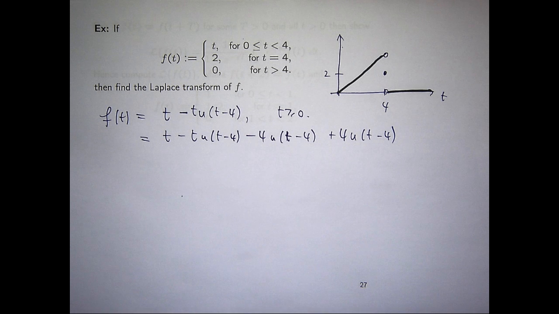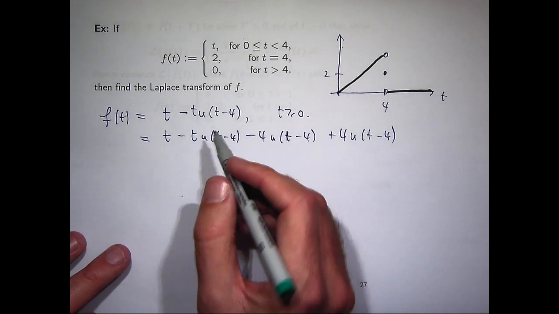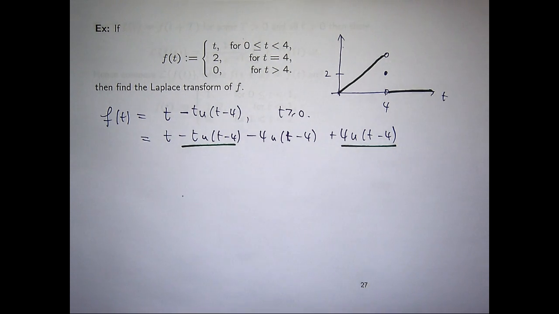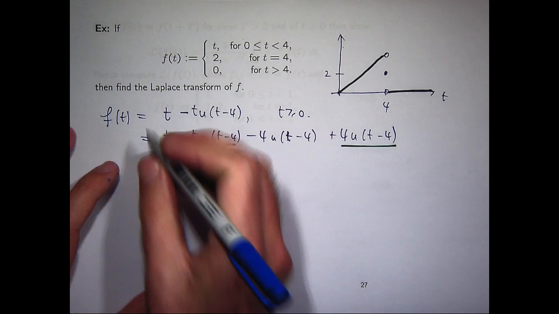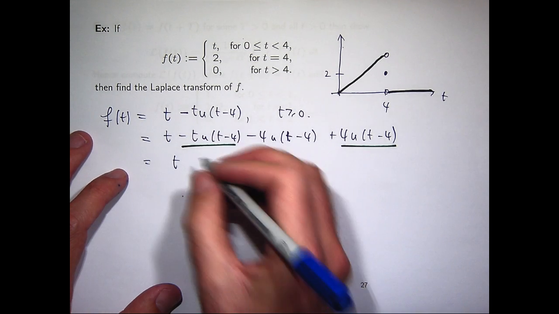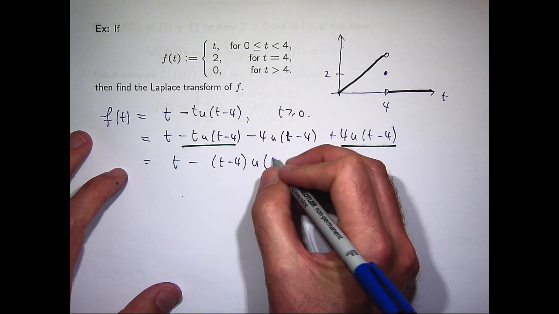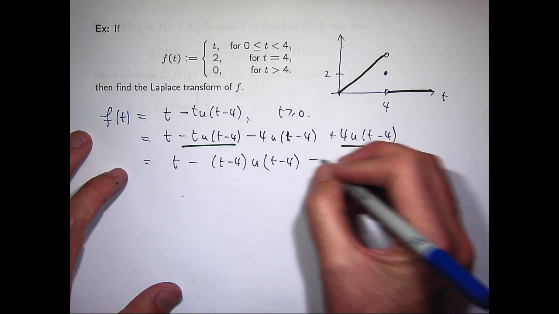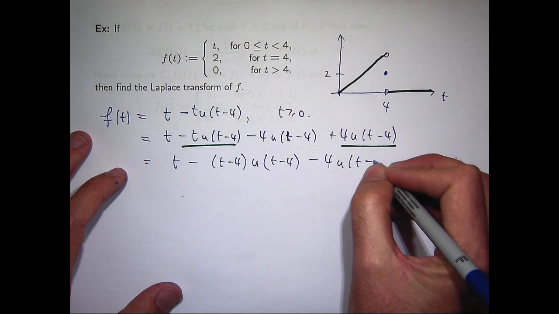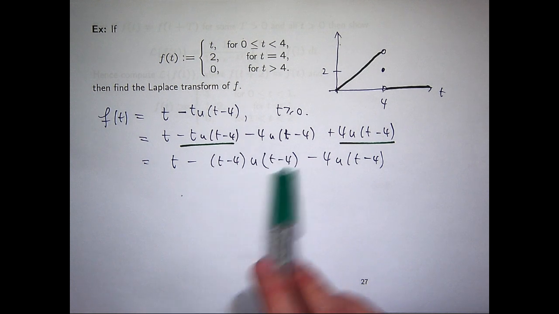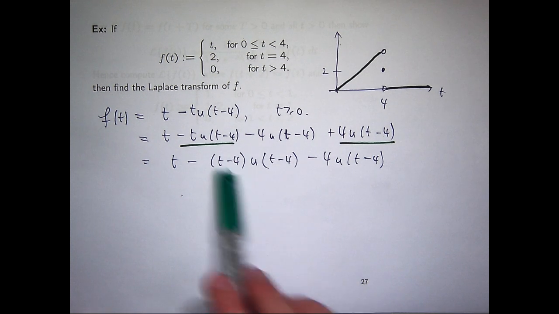Okay, so I'm going to team those up. Okay? So if I just re-bracket, I get that. Now, I can calculate the transform of the middle term using the second shifting theorem.